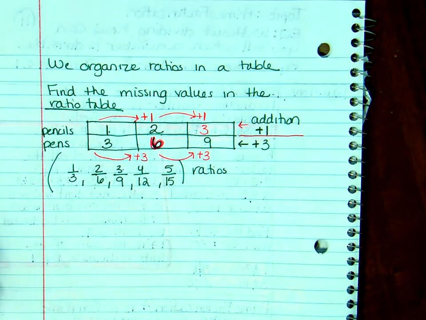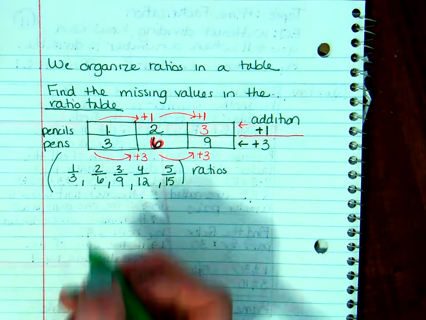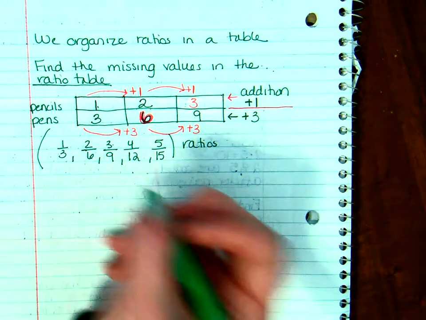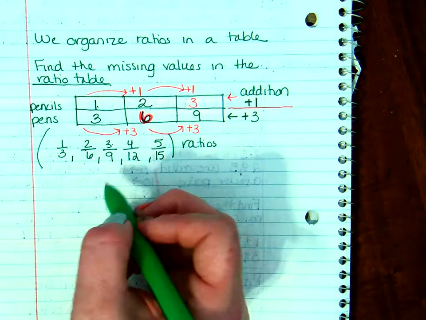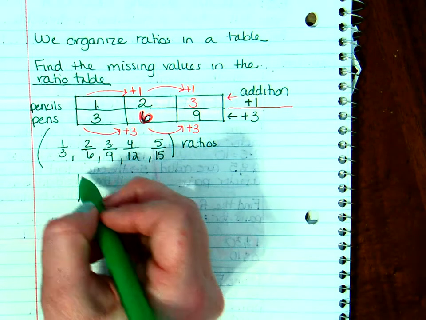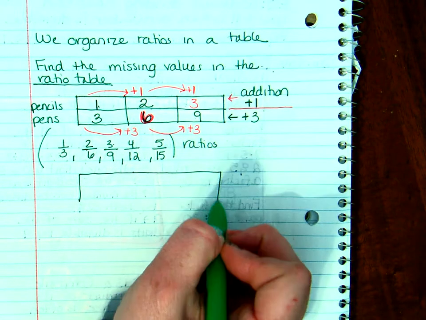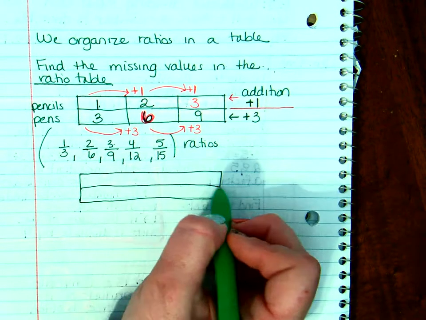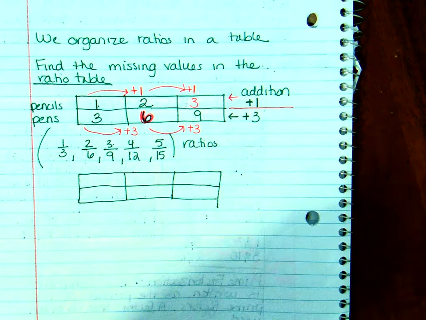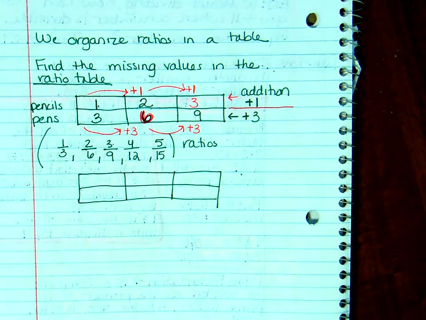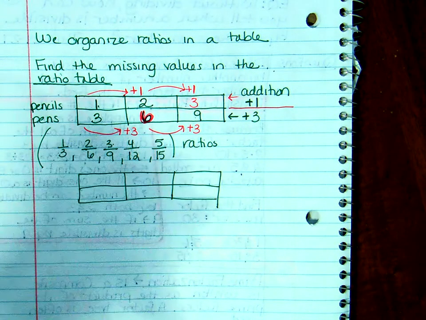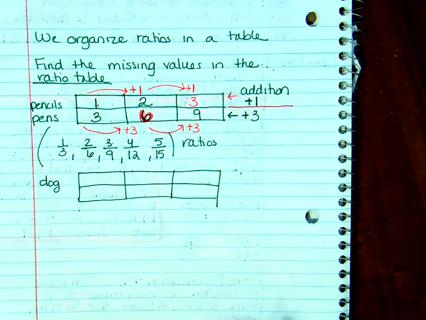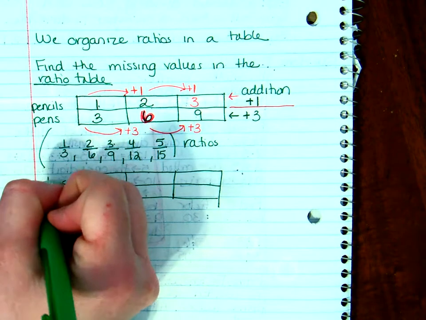Using addition. There's another way that I like to do, which is using multiplication. Okay, so with multiplication, I'm going to create another table, just the same way I did before. Okay, now with this one, let's compare how many dogs are in a pet store to how many cats they have.